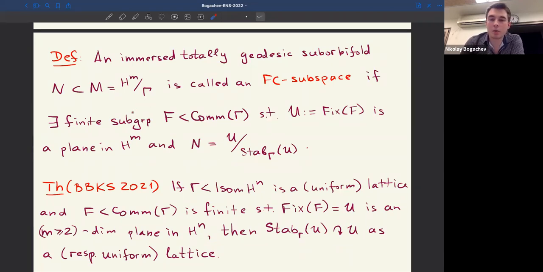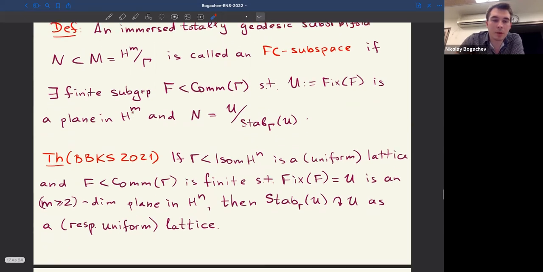In our paper, one of the theorems shows that if gamma is a uniform or non-uniform lattice and F is a finite subgroup of the commensurator with a fixed point set of dimension at least 2, then the stabilizer of U in gamma acts as a lattice, respectively uniform or non-uniform.